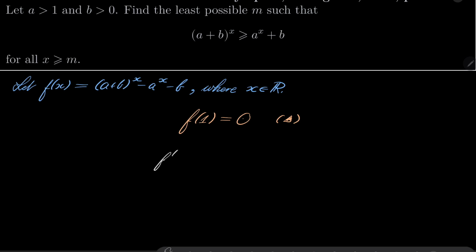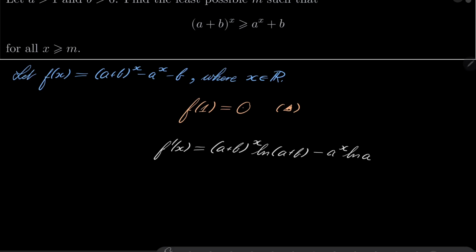Well, f prime of x, what's the derivative of (a plus b) to the power of x? It's (a plus b) to the power of x times natural log of (a plus b), minus a to the power of x times natural log of a. Now, let's investigate when this derivative is 0.